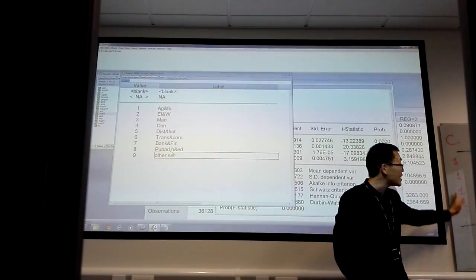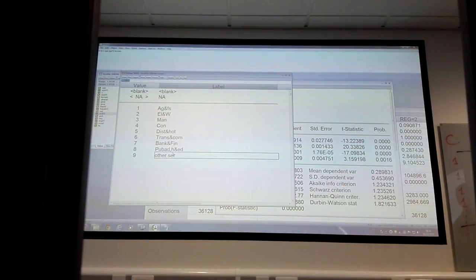And if we compare this constant with the sum of all of our industry dummy variables, we can find out that they are exactly the same, perfectly collinear. So this is where our collinearity is coming from.